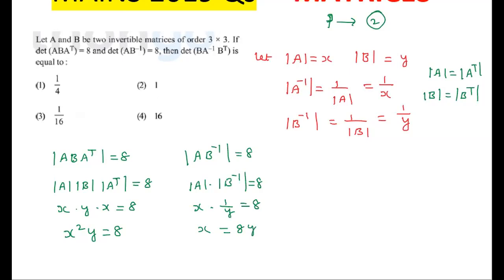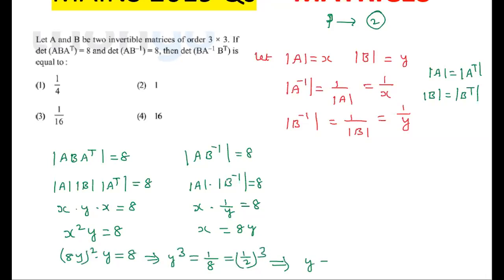In place of X, substitute here (8Y) whole square into Y, that is equal to 8. Now one of the 8 is going to cancel. Finally, Y cube is equal to 1 by 8, that is 1 by 2 whole cube.